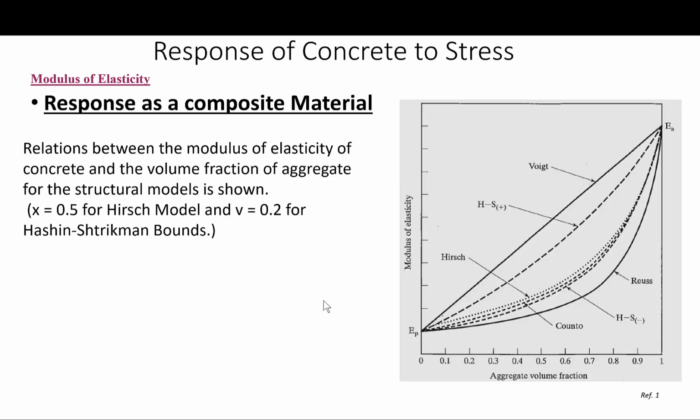This graph shows the relation between the modulus of elasticity of concrete and the volume fraction of aggregate for the structural models, with x equal to 0.5 for the Hirsch model, and a Poisson's ratio of 0.2 for the Hashin-Shtrikman bounds.